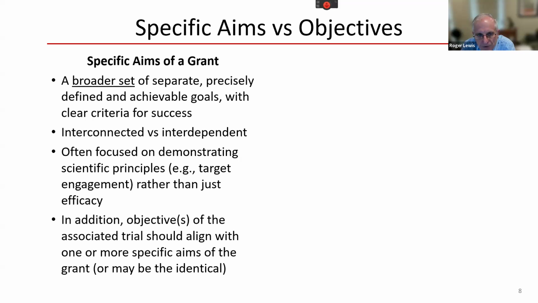I want to make a point or emphasize the difference between specific aims that are interconnected versus interdependent. So interconnected means that the specific aims together create a related set of scientific goals, all of which, if achieved, will have completed the picture or completed the answer to the problem that you're trying to solve or filled the gap.